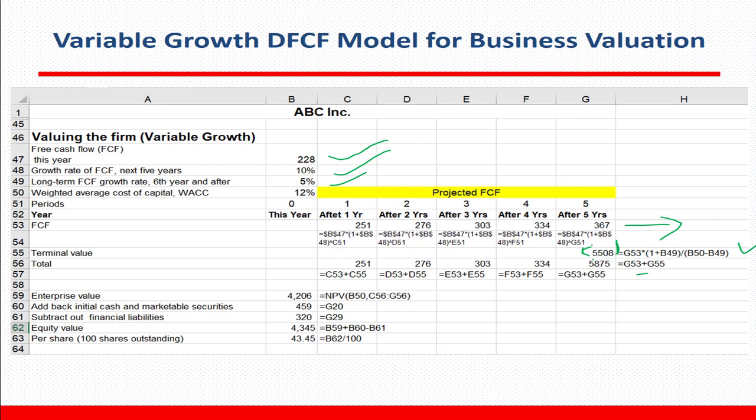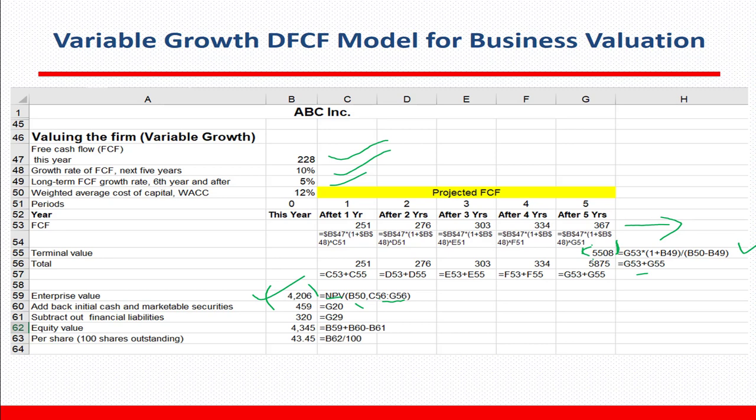Once you compute that in Excel, you don't have to discount individually. Excel has an NPV function. NPV can discount all your cash flows at one time. That's why I use NPV with the discount rate and all your cash flows, and that gives us the enterprise value, which is 4,206.